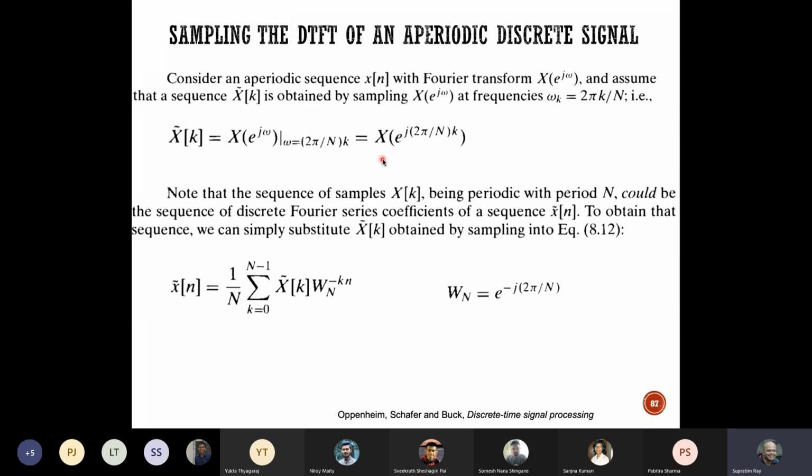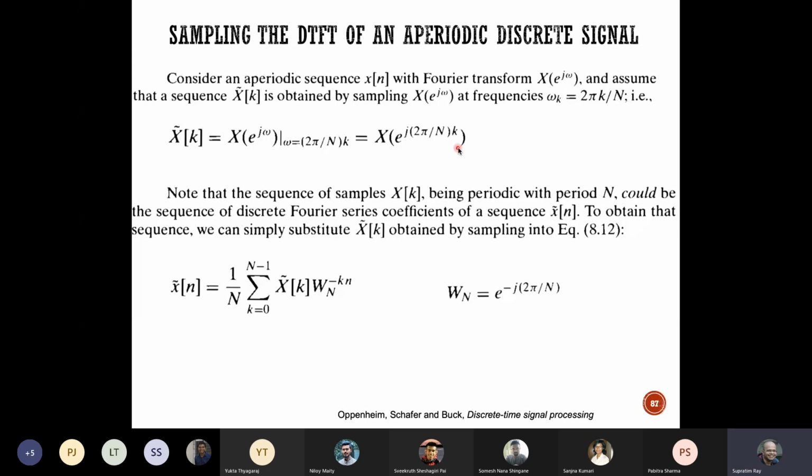Because that means that if I take the original signal, make infinite copies of it, and stick them one after another to construct this, the DFS that I'm going to get shown here is nothing but the samples of the DTFT of the original signal at N equal intervals.